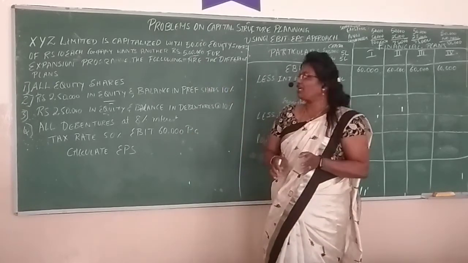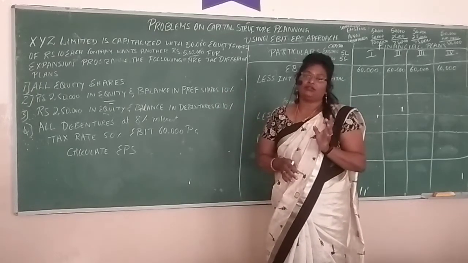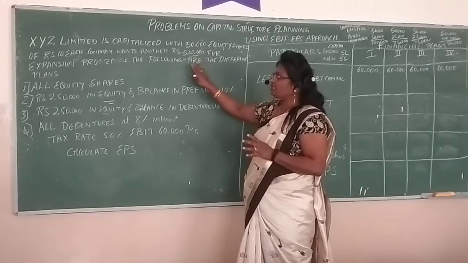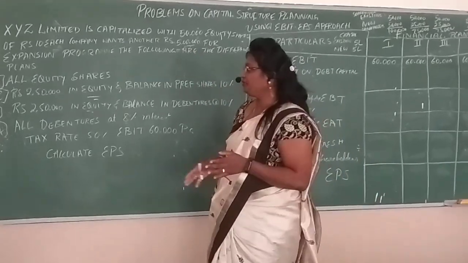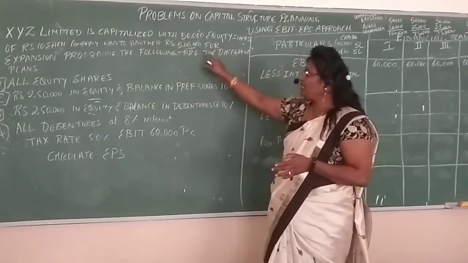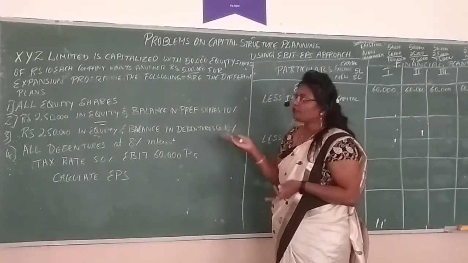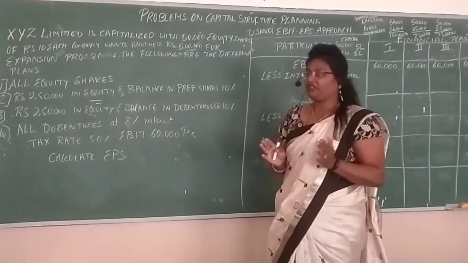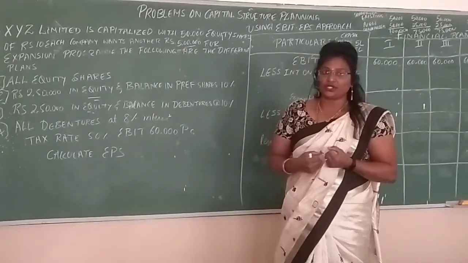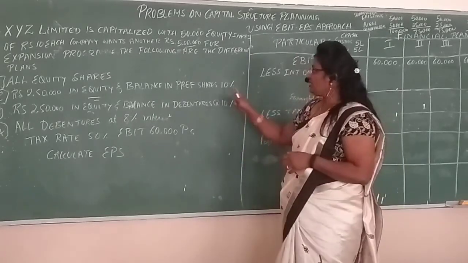So they need 5 lakhs rupees, with shares of 10 rupees each. They have an option to go with all equity shares. They can raise the complete 5 lakhs through equity shares. That is one plan. The second option is to divide 50% through equity, that is 2,50,000 raised through equity shares, and the remaining amount through preference shares at 10%.